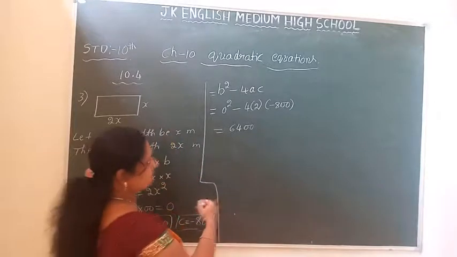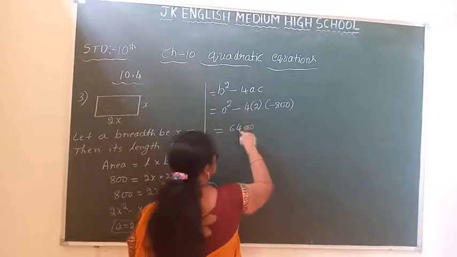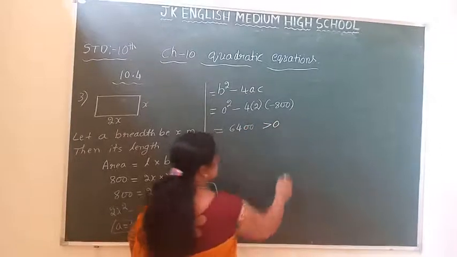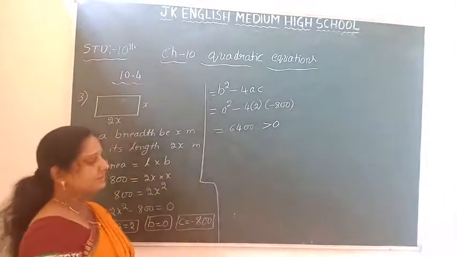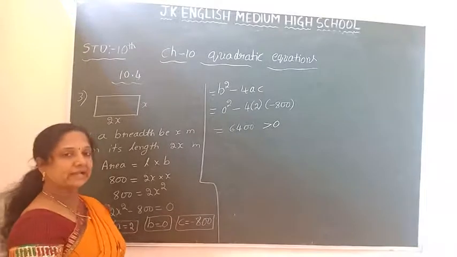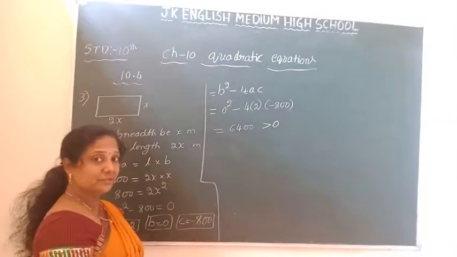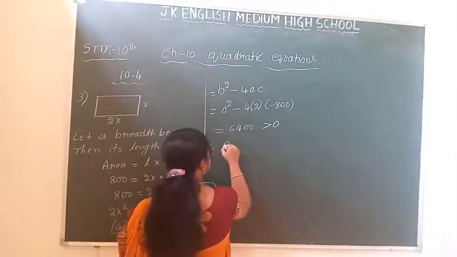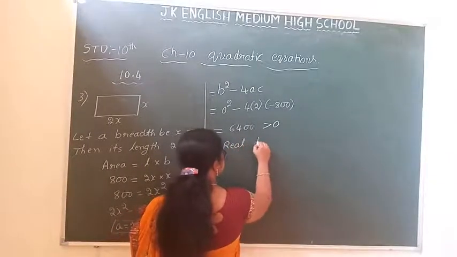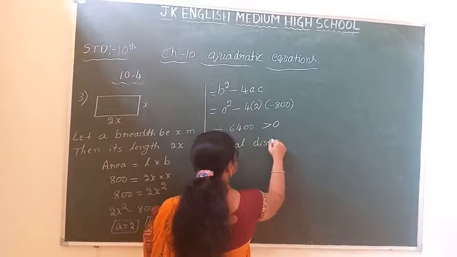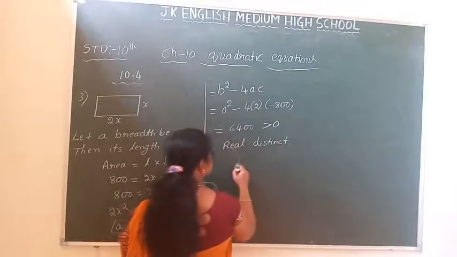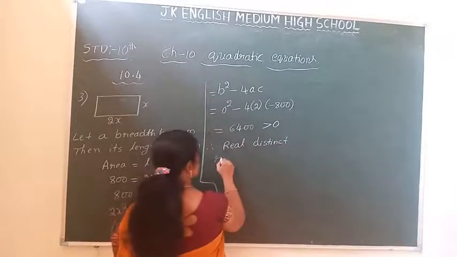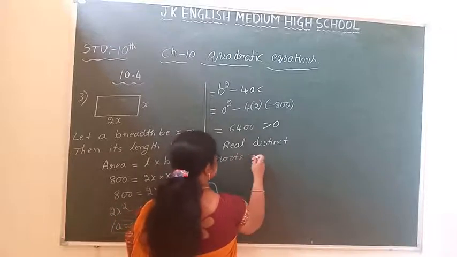So now b square minus 4ac is greater than 0. If the value is greater than 0, the nature of roots is that real distinct roots exist.